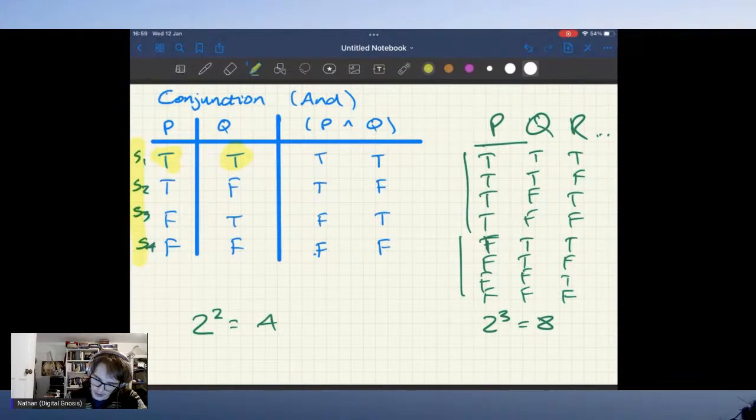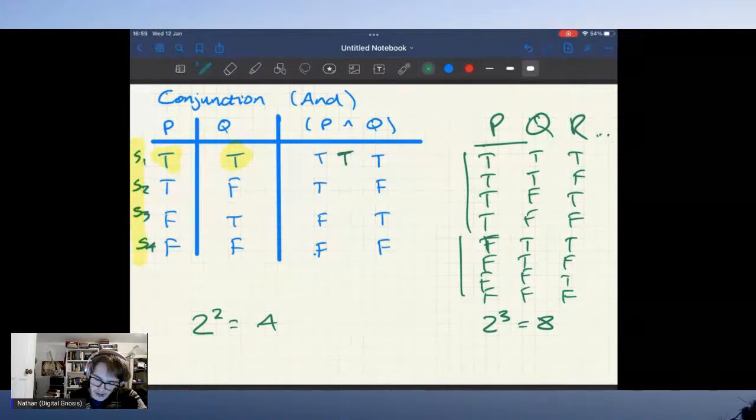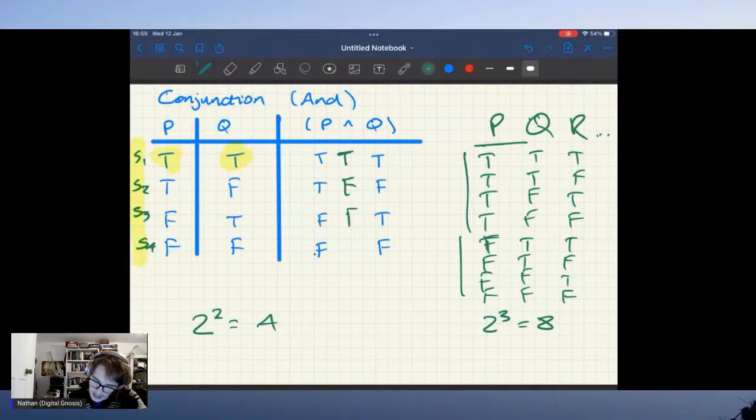And so what we can do is assign it true in that case. However, it's false otherwise. So even though P is true here, because Q is false, that makes this one false. P is false here, and even though Q is true, it becomes false again. And it's false in this case as well.